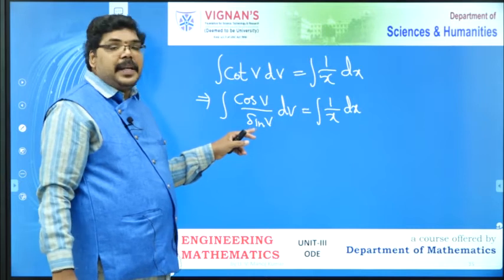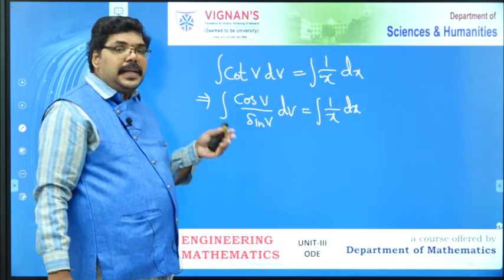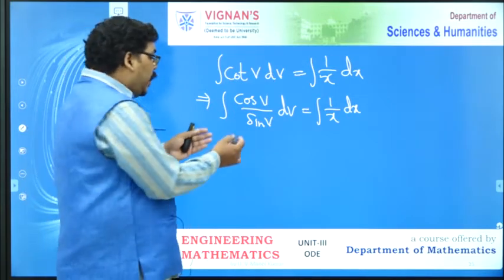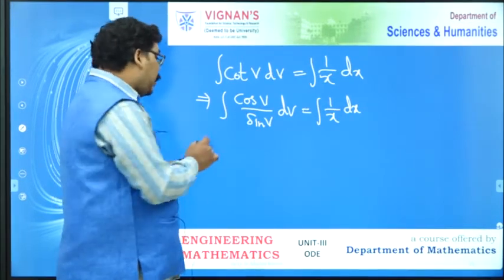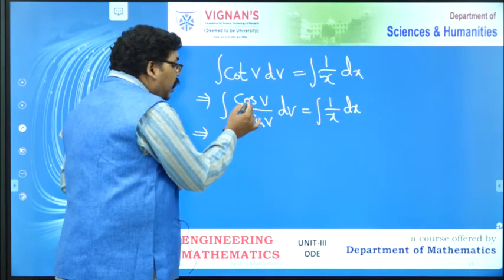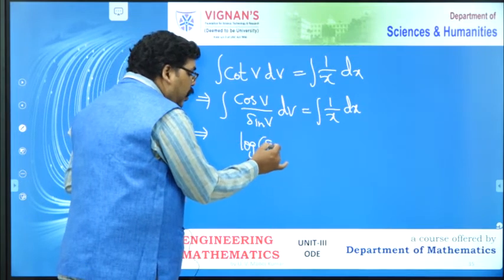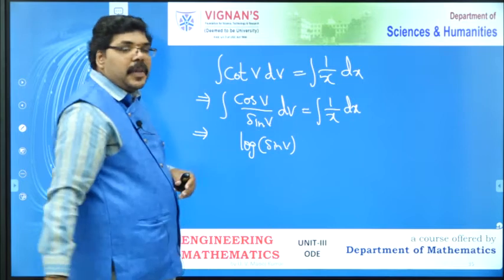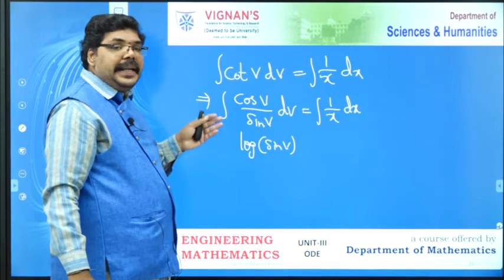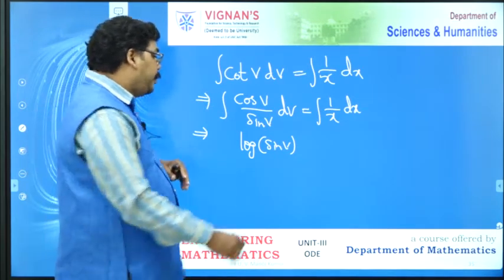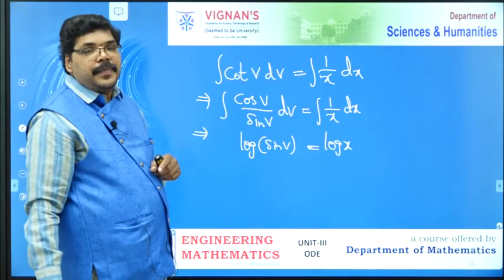So what is the denominator? sin v. The derivative of sin v is cos v dv. So the denominator is sin v and its derivative is in the numerator. So after integration, integral cos v dv by sin v gives log sin v. If the denominator derivative is in the numerator, the integration equals log of the denominator. And here the integral of 1 by x is log x.